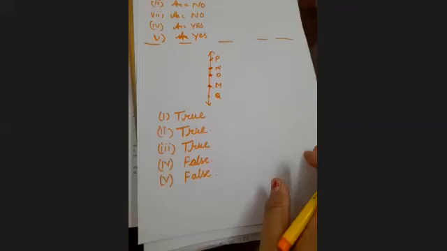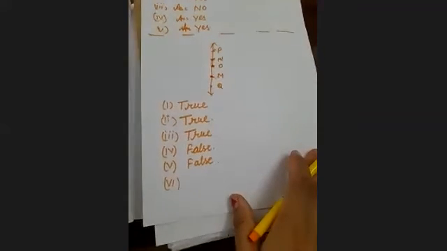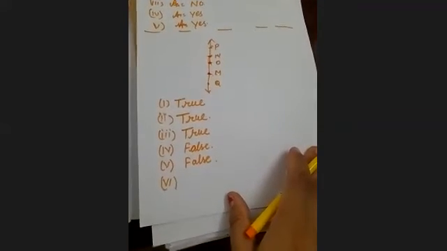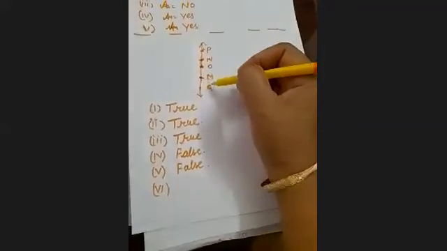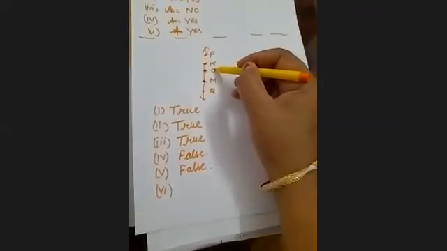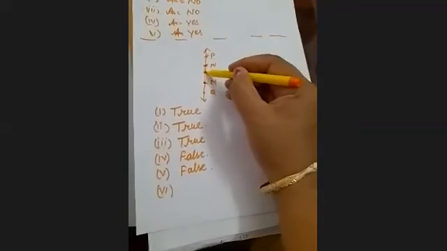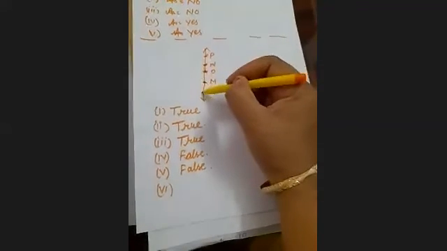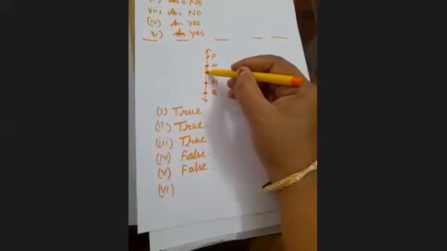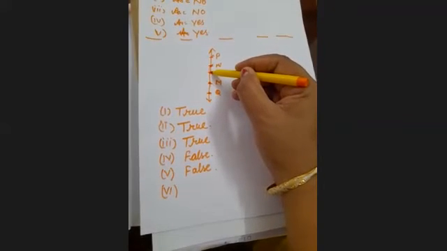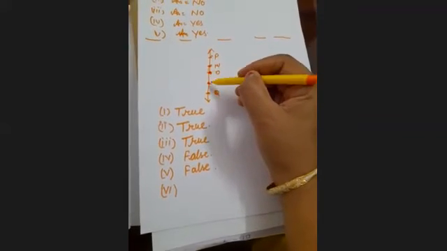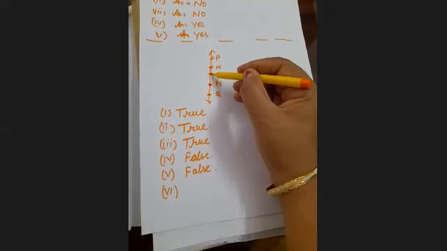Next is the sixth statement. M is one of the endpoints of segment QO. This is segment QO, from this to this. M is not an endpoint of OQ.